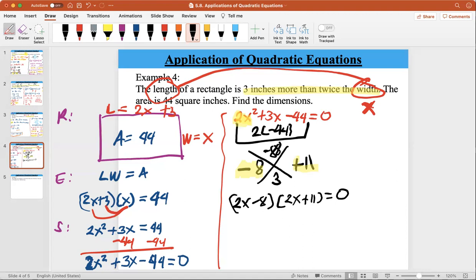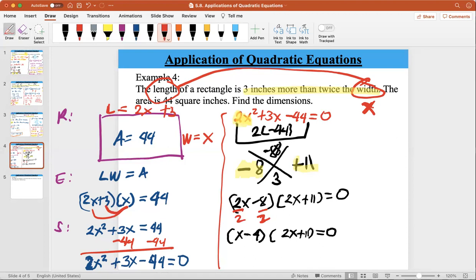Which one shall we divide? 2x plus 11, do we have anything to divide out there? Nothing. So 2x minus 8 divided by 2 is x minus 4. We have 2x plus 11 equals 0.